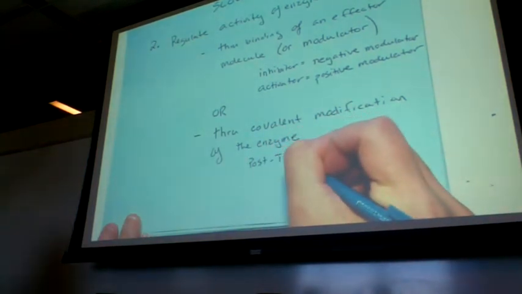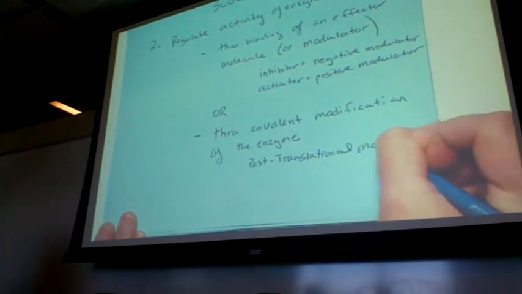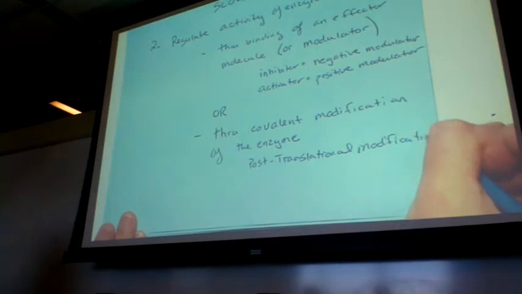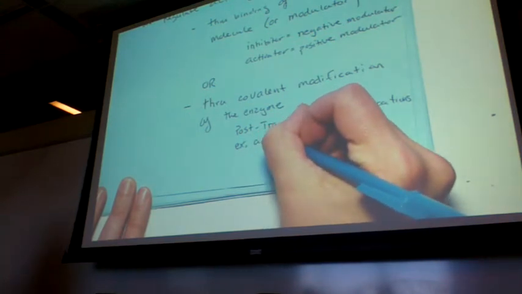So post-translational modifications, we've talked about these before. What are some examples? Acetylation, is that what I heard? What else? Phosphorylation. What else? Methylation. Okay.